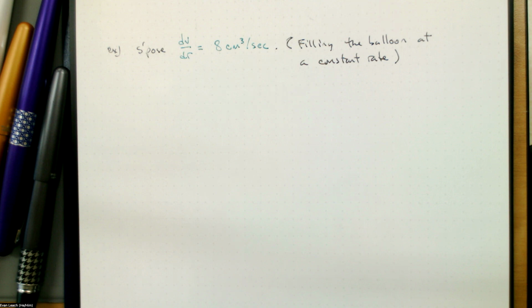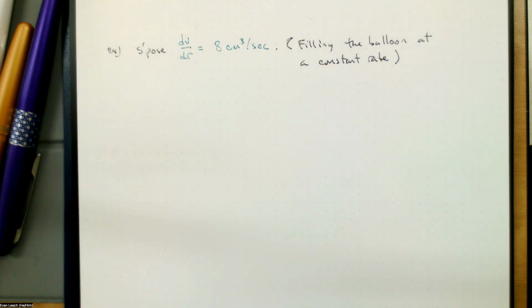But we've got a machine, and the balloon is no match for our machine. So we can maintain a nice constant 8 cubic centimeters per second, which as previously stated, I don't even know if that's a lot.